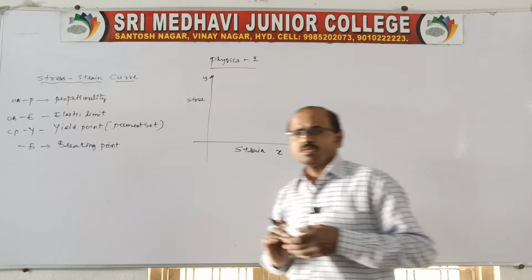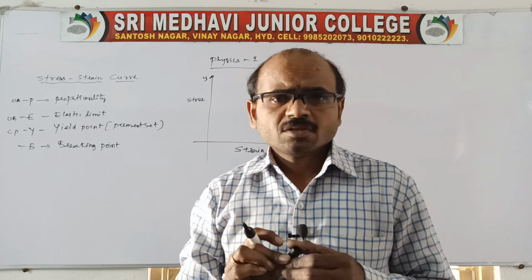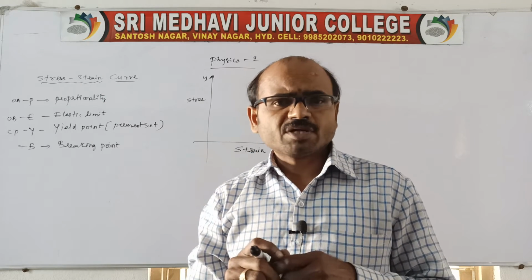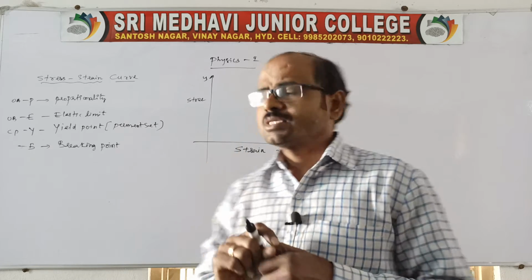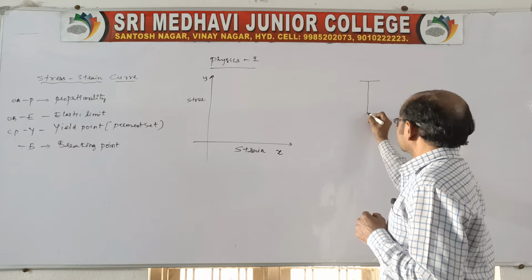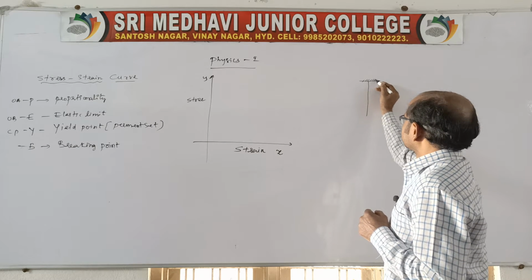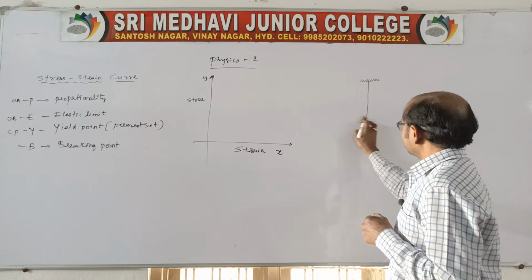Suppose you take a wire or any body, like a rubber band. Suppose the wire or the rod is suspended freely from a rigid support like this. One end is fixed to the rigid support and the other end is a free end.